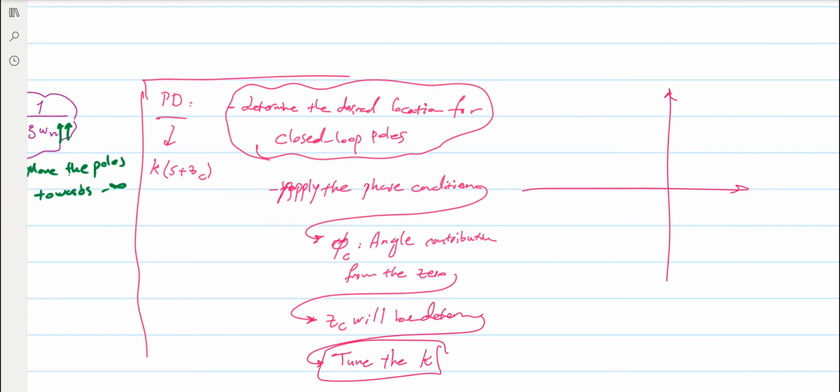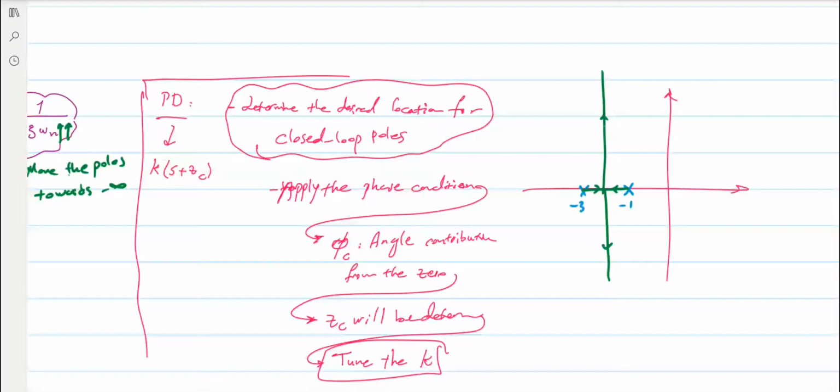Let's assume that this is our system. I'll give you a simple example. So we have two poles here and there at -1 and at -3, for which you can easily draw the Root-Locus. This is -2.